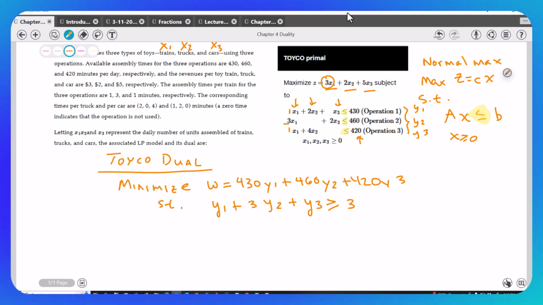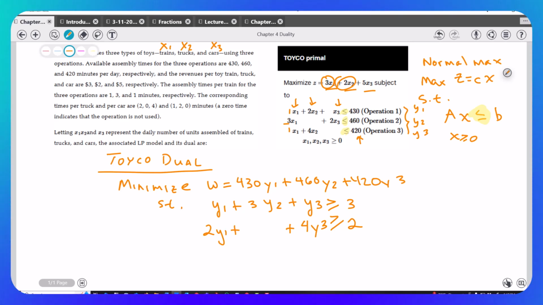Looking at the next one, I have 2y1 plus, there is no y2, but there is a y3, so 4y3 greater than or equal to that 2. Again, I'm just going straight down. Notice here the first constraints, y1, y2, and y3.